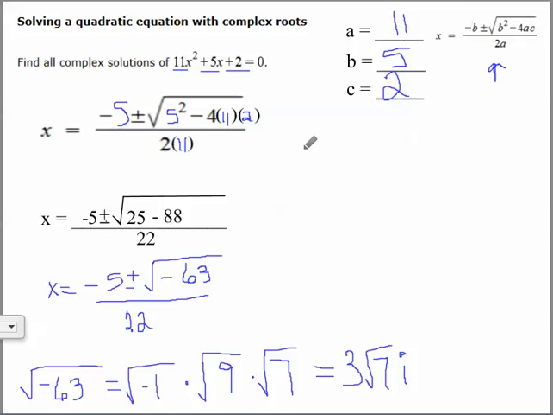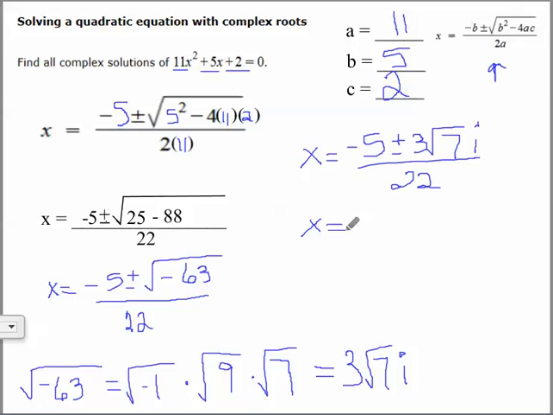So now we're going to come up here and write our next step, filling in our simplifications that we've done so far. So we're going to have -5 plus or minus 3 square root 7 times i divided by 22. So now we just need to break it apart into our two solutions.